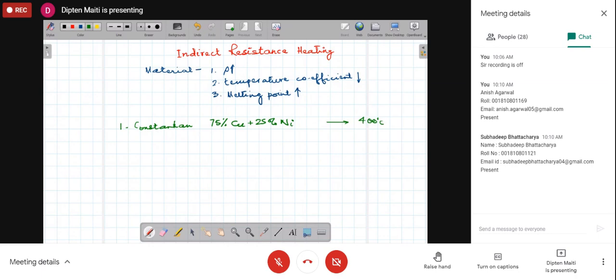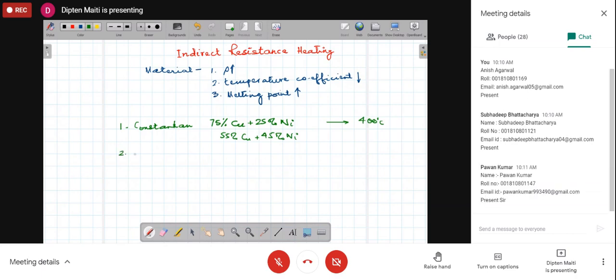There are variations, and this variation can be around 55% of copper plus 45% of nickel. So the nickel content can be increased and the copper content reduced depending upon various values of resistances. However, these are suitable for usage up to 400 degrees centigrade or so.